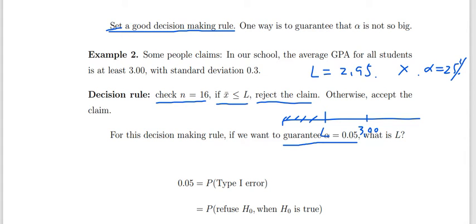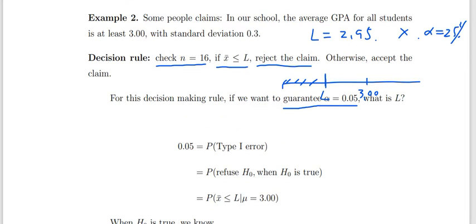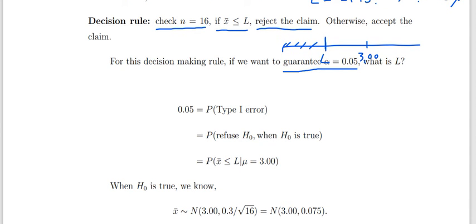So here we need to find such a cut point L that makes alpha 0.05. Okay, so let's check. By now we know alpha equals 0.05, the probability of this type of mistake.